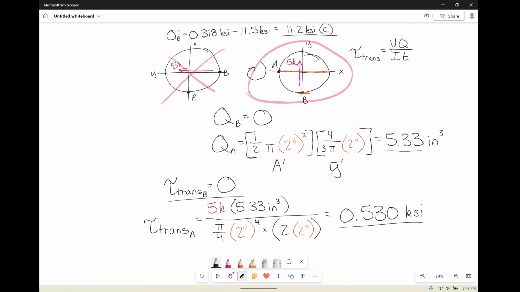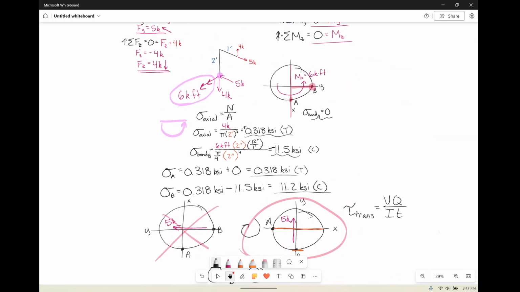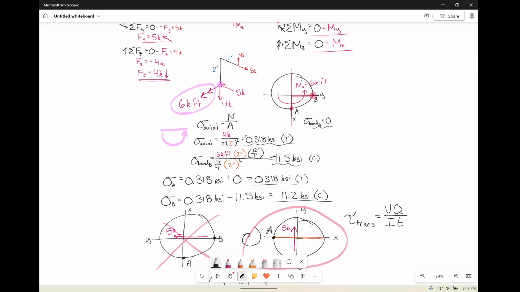So again, is it positive or is it negative? Well, let's go back and look at the direction that our arrows are going. Normally when we talked about our internals being positive or negative, we didn't draw them with a vertical member. We normally drew them with a horizontal member. So we have a vertical member here that we broke in the middle.